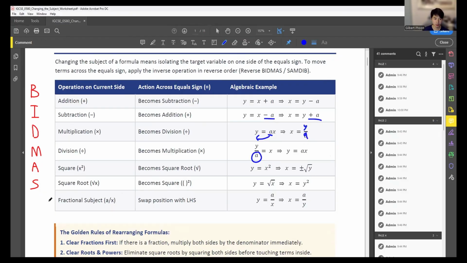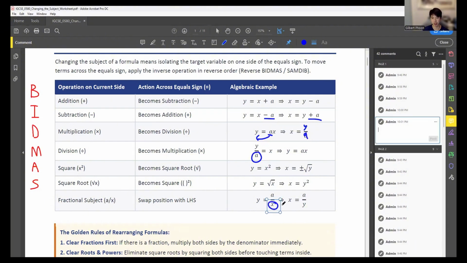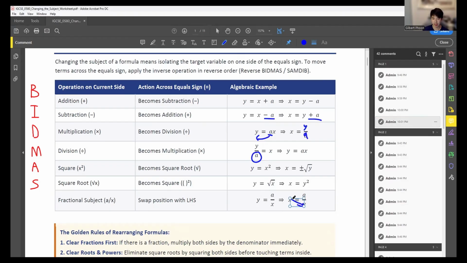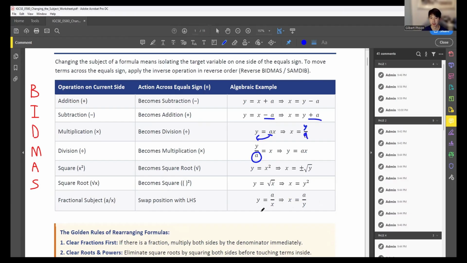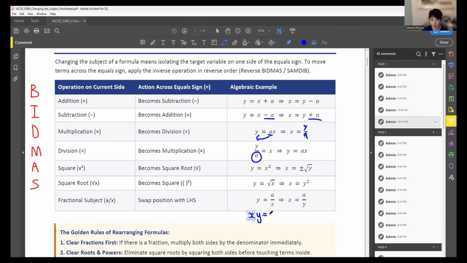And one last one, which is rather important, which I always see students struggle with, is when you have fractional subjects. So for example, if I want to make x the subject here, x and y will have to swap positions. But what's the reasoning behind it? It's because the next step is that I will bring x from the right-hand side to the left-hand side.